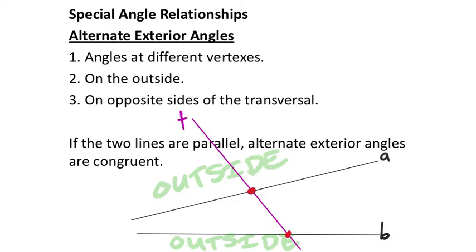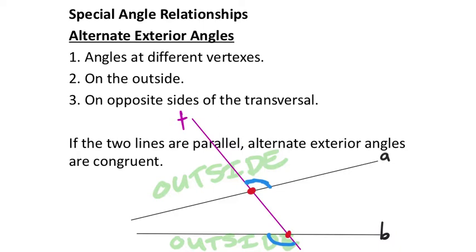So if I wanted to identify just one of those here in the top, I could identify this one right here, okay? Now, the way I'm looking at the transversal, I would say that's on the right, which means if I go to the other vertex, it has to be on the outside, and the angle has to be on the outside, but it has to be on the left side. These two angles that I've marked in blue are considered alternate exterior angles.